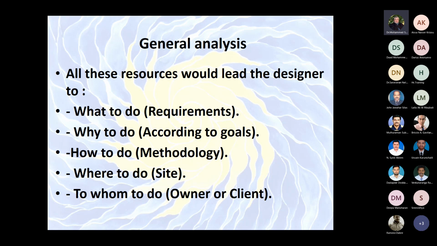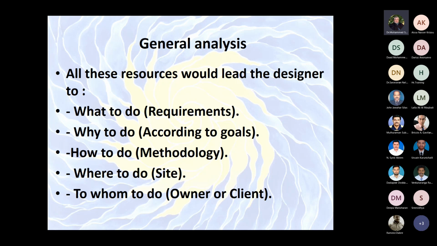All these resources would lead the designer to what to do. These questions, these words: what to do. It means the requirements or the program. Then why to do, according to the goals, why we are doing that, and then it must link with the goals of the project. And then how to do, it means the methodology or methods or the procedure of the design.